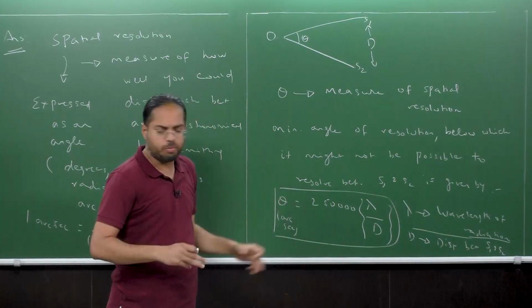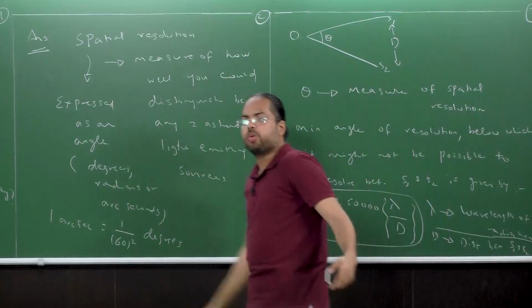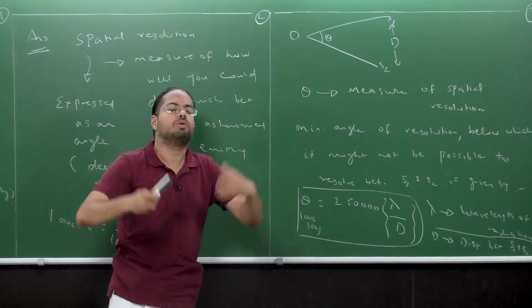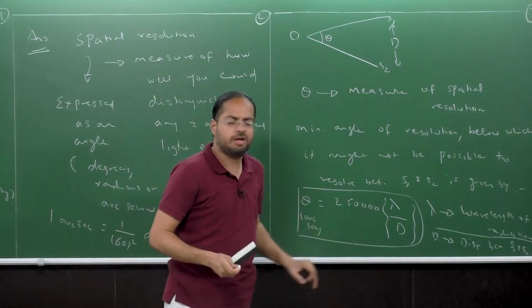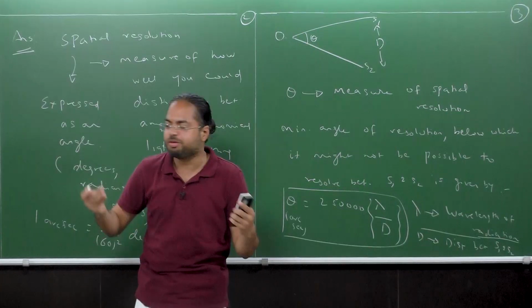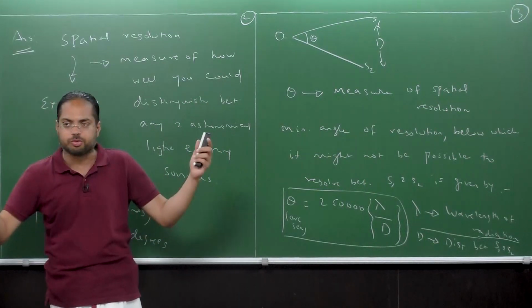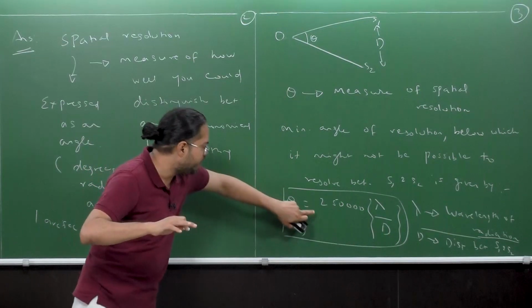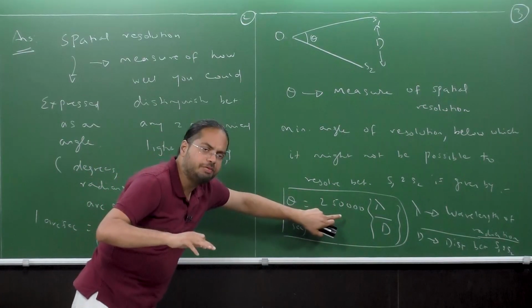How is this derived? I'm not going to go through the details of its derivation because it involves solving complicated Bessel functions. One can do it, but it is going to take up a lot of time. We don't have the luxury because we have to cover other topics in this course. So I'll just briefly tell you the broad principle behind how especially this prefactor, 250,000, is obtained.